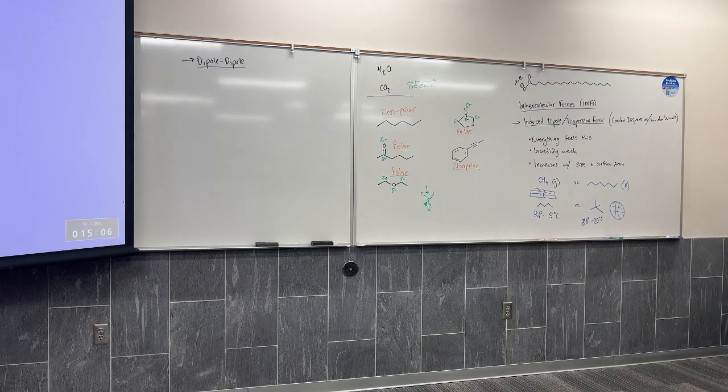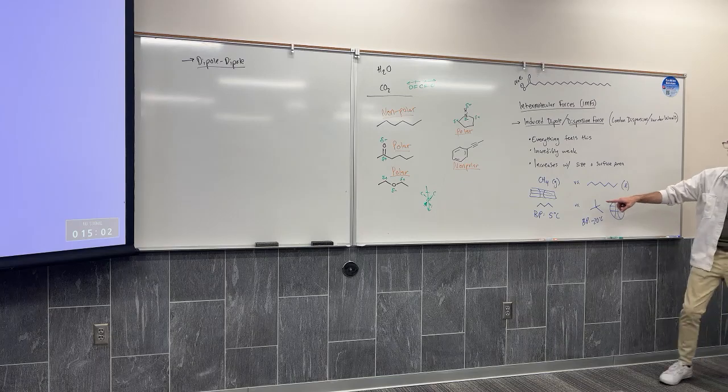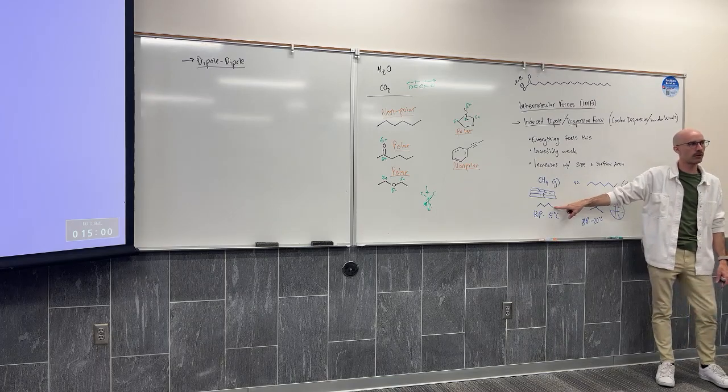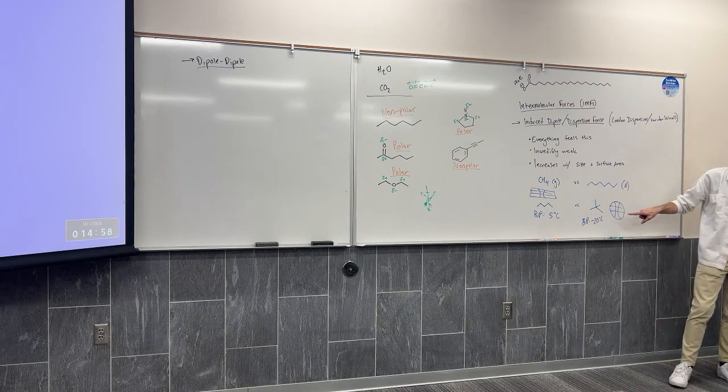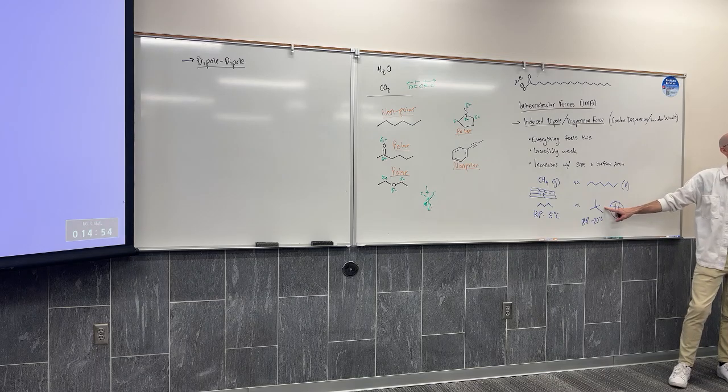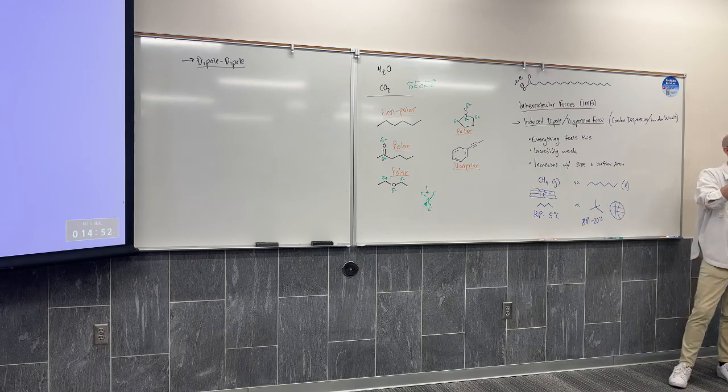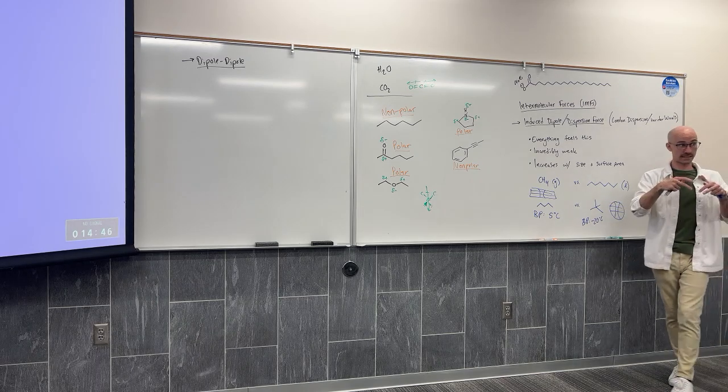Aren't those both pentanes, but one's just very compact? Yeah, so this is N-pentane, normal, and this is neopentane, or you could call it 2,2-dimethylpropane. So they have the same chemical formula, same molecular mass, but they're structurally connected differently.